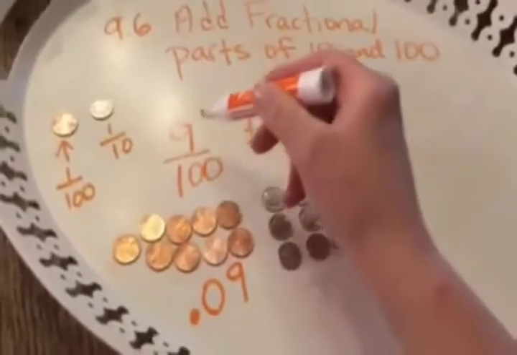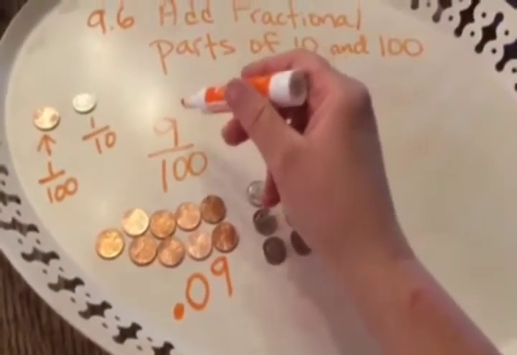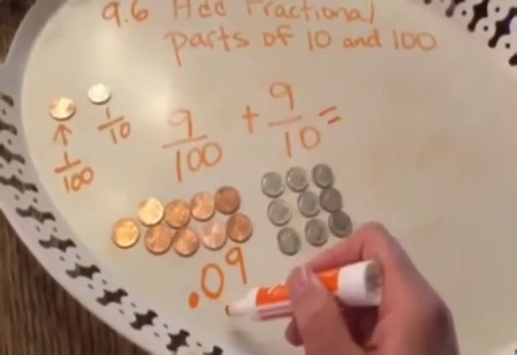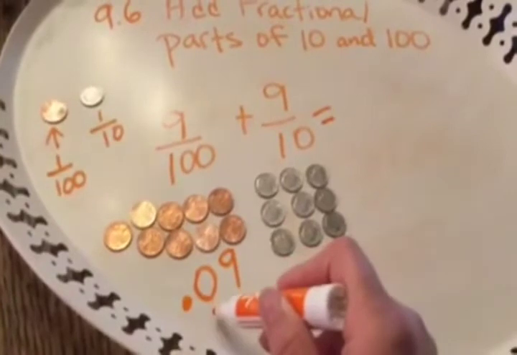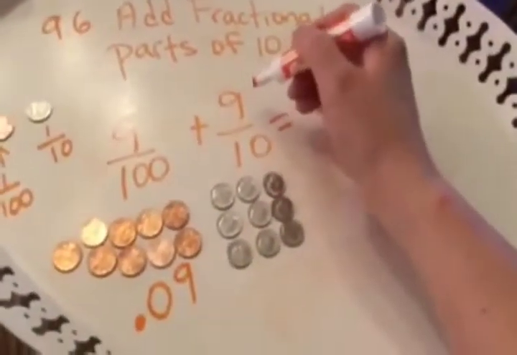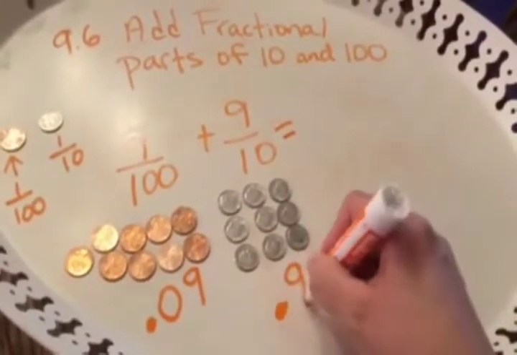And so hopefully from the practice of lessons 9.1 through 9.4, you remember that 9/100ths is written just like this as a decimal point, holding the space for the tenths, and the 9. And over here I have 9 tenths, and this guy written as a decimal looks just like this.